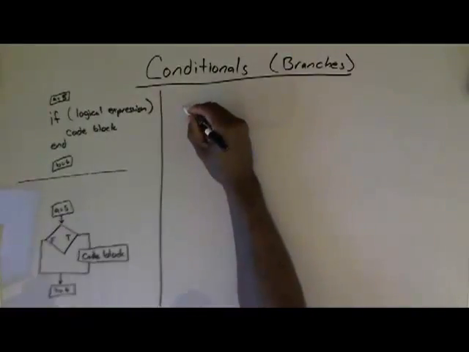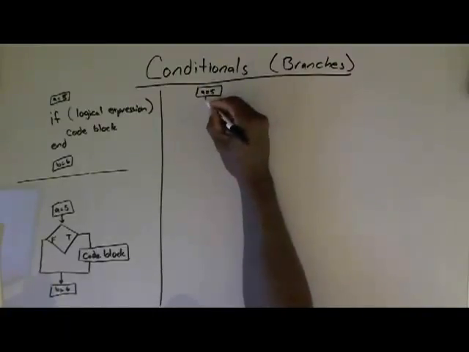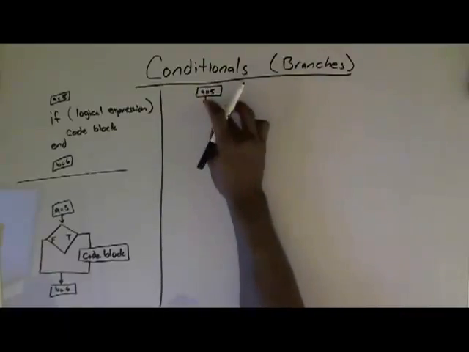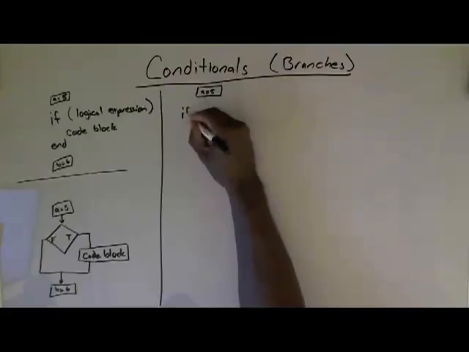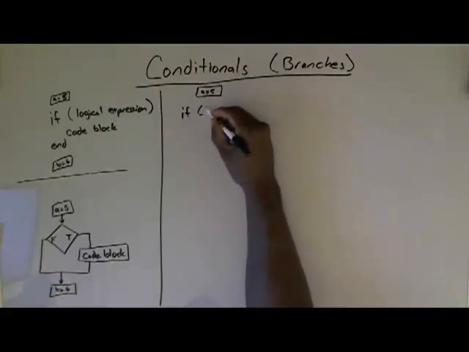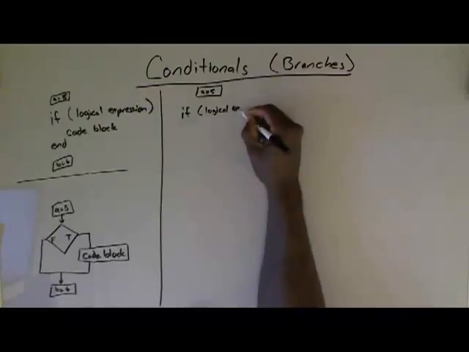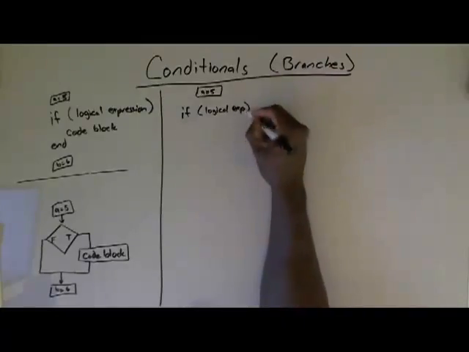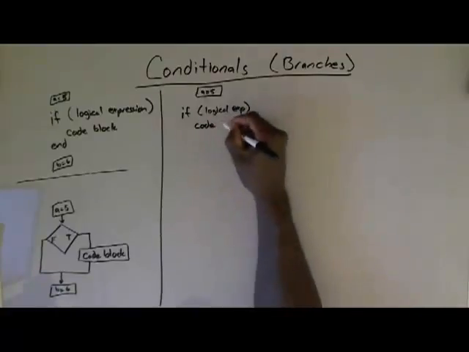Version 2 of the if statement, once again, I'm going along, I'm executing some lines of code here, and then I decide to do this version of the if statement. If logical expression, I'll abbreviate EXP for expression now, then do this block of code.